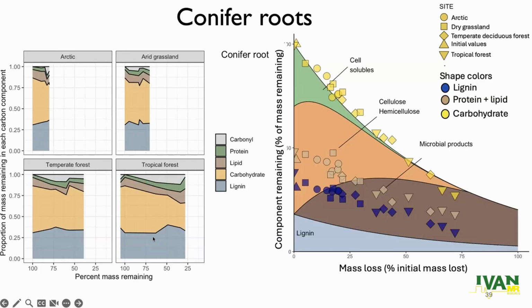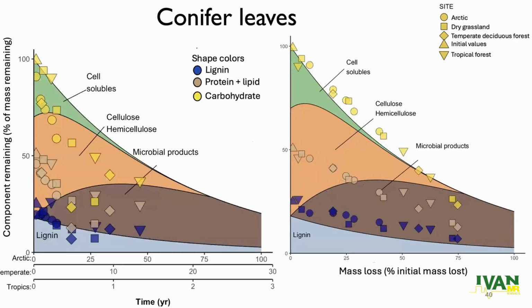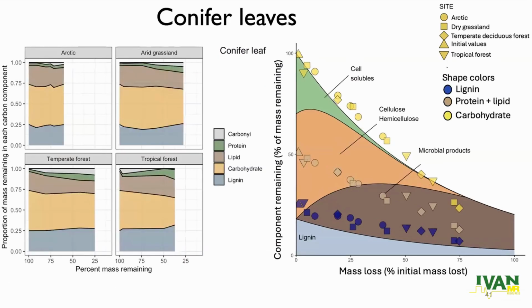So it's a little bit easier to see what's increasing over time. Not as much change, again, in the conifer roots as in the previous two. And then conifer leaves really showing the least amount of change and least amount of decomposition overall. We look here, you can really see how things did not change very much for those conifer leaves.